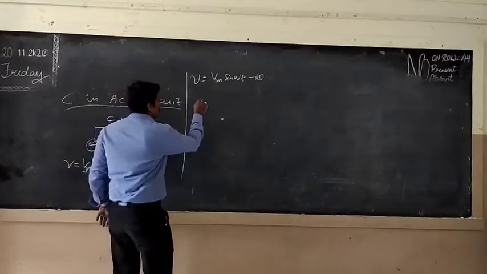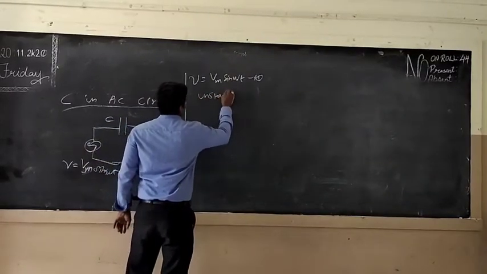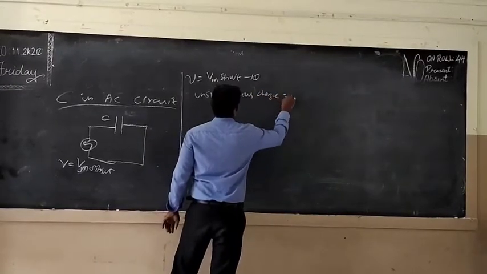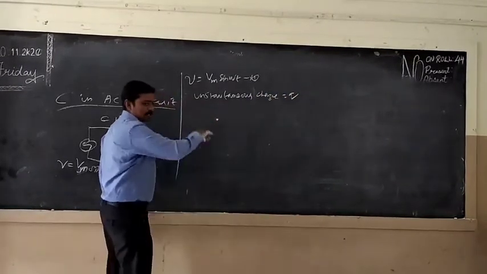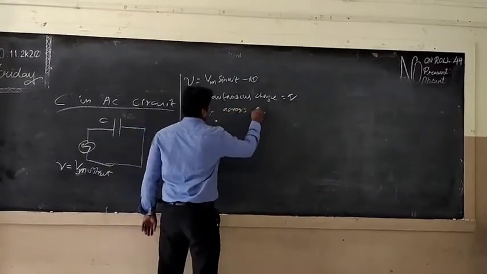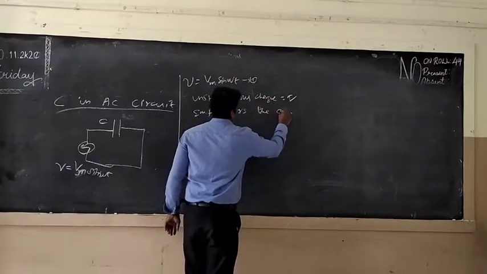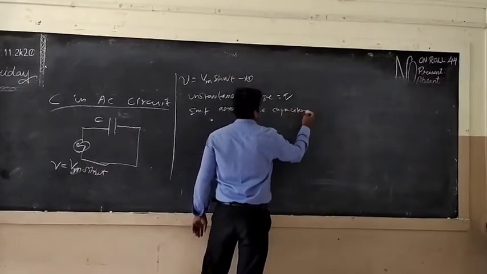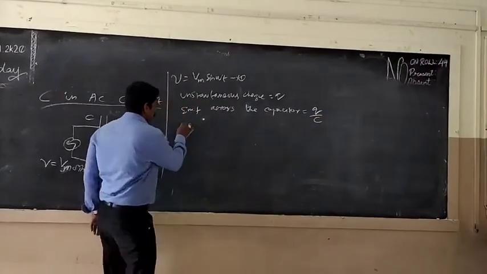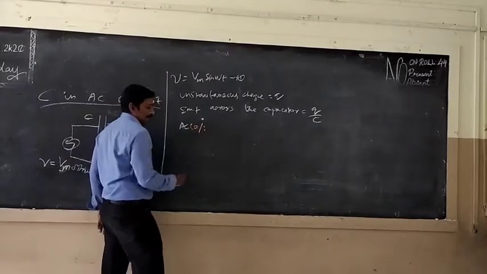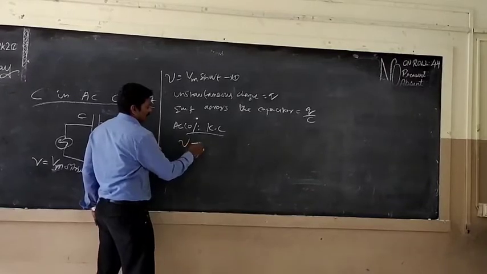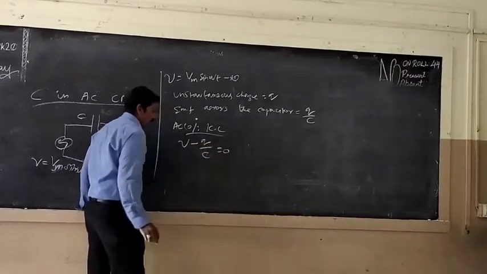The instantaneous charge will be Q, and the EMF across the capacitor is Q by C. According to Kirchhoff's law, we write that applied voltage minus Q by C is equal to 0.